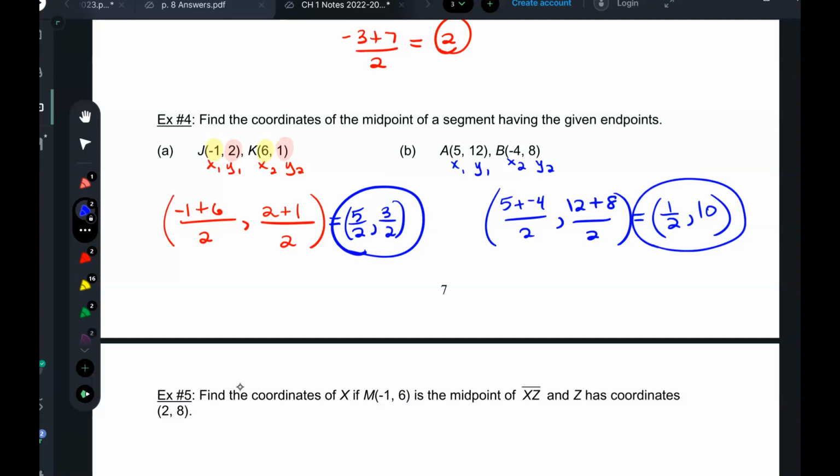Good. What'd you get? Just put parentheses so it shows as a point. Awesome. Is this too easy? No? It's okay? All right. I think everyone that I saw had 1/2 comma 10. Good. Okay.